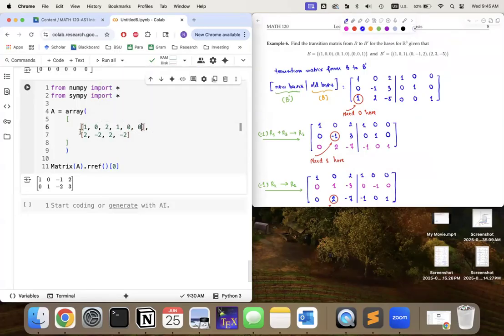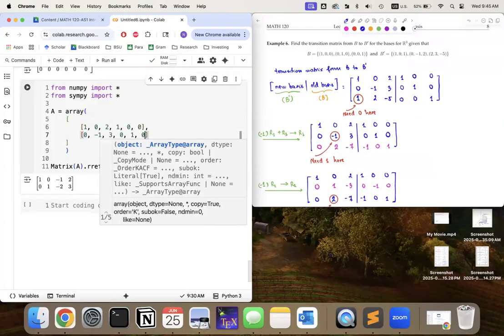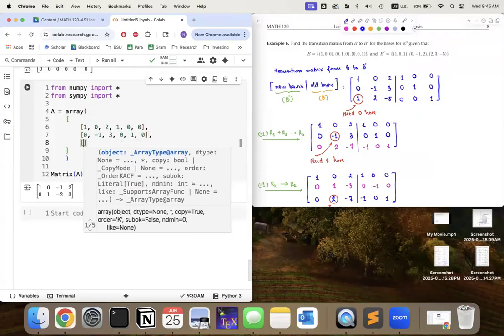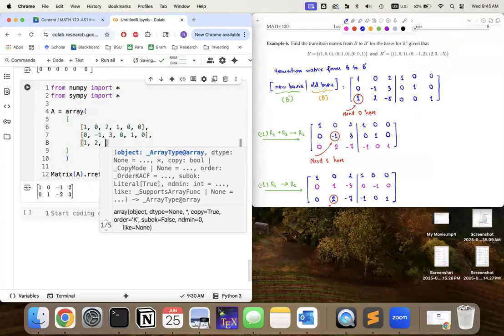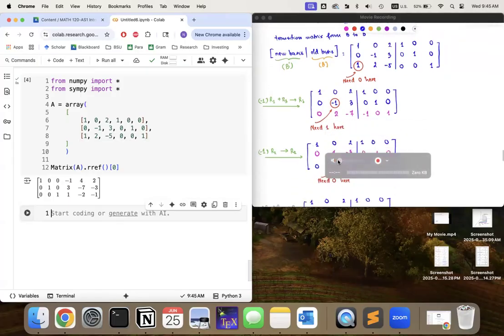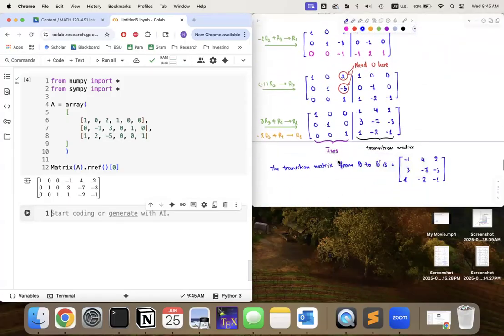The second row should be 0 -1 3, 0 1 0. And the last row should be 1 2 -5, 0 0 1.